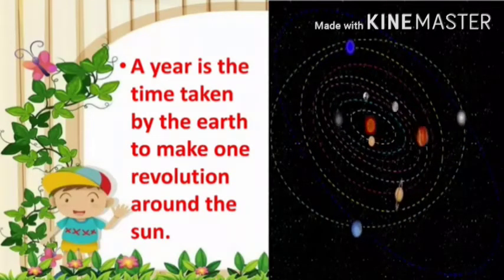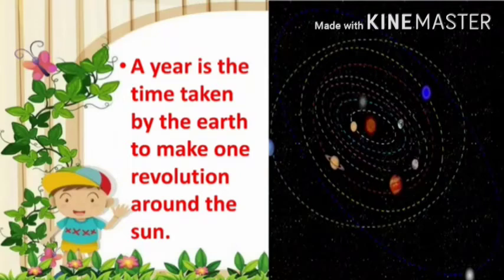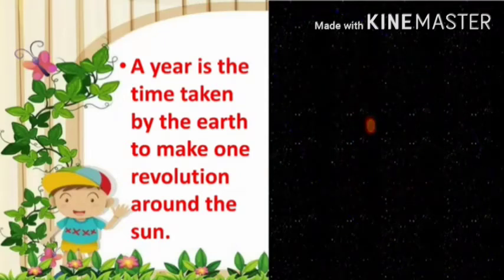A year has 12 months or 365 days. Each month is divided into weeks. A month has 4 weeks and a few more days. A week is of 7 days. A month has 30 days or 31 days except February. February has 28 or 29 days.